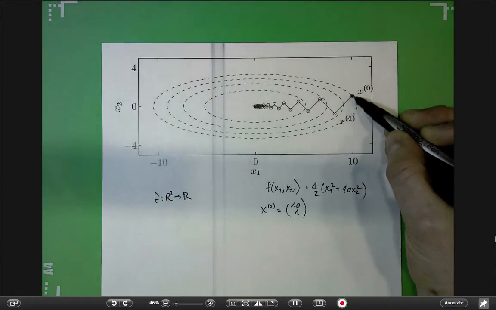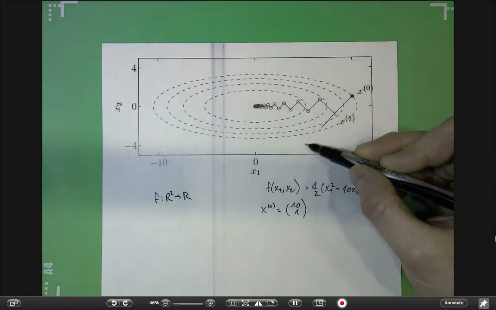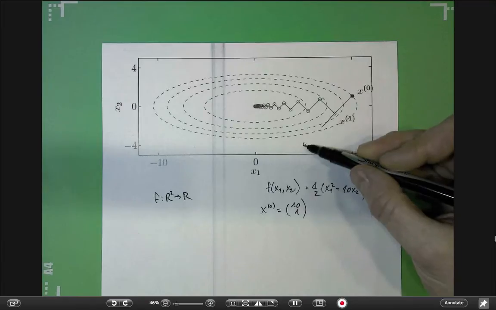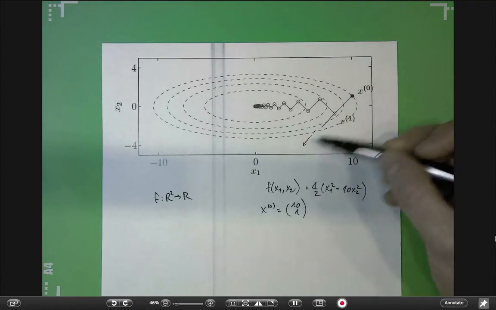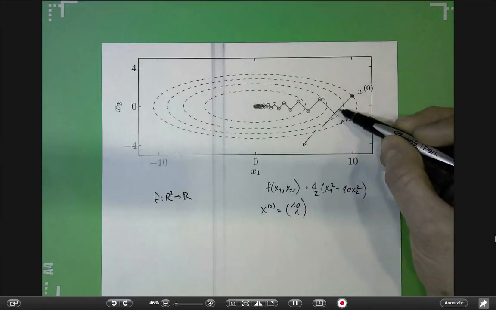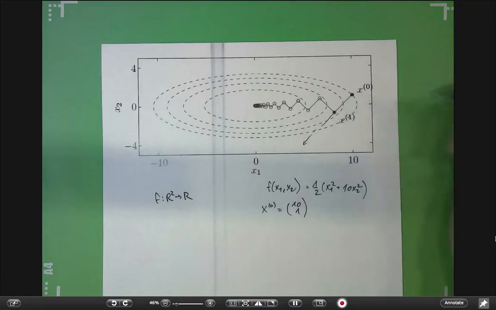So I stand right here. And I look, where's the direction of steepest descent? Well, this is the direction of steepest descent, right? And then I do a line search. I go to the minimum in this direction. So the direction is fixed, and I look for the minimum of the function along this ray. And I come here. This is my x1.